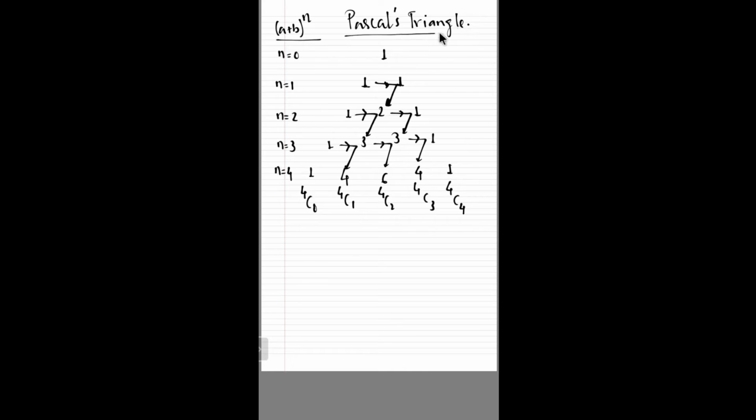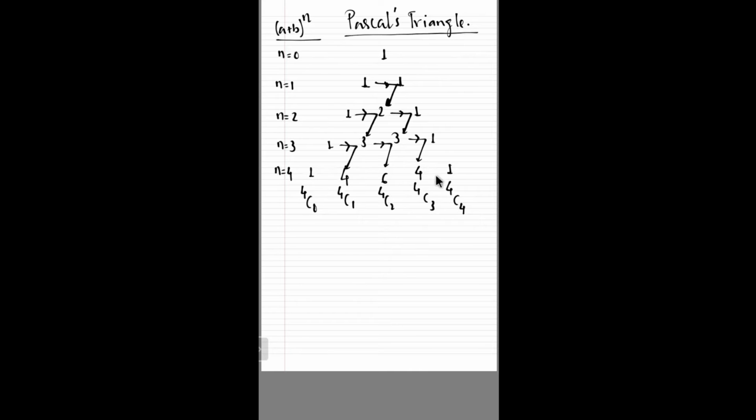Now, what we can say is that in the early days we could find the higher power expansions from this Pascal's triangle because we know how the terms are coming. So it is just a way to find the binomial coefficients.